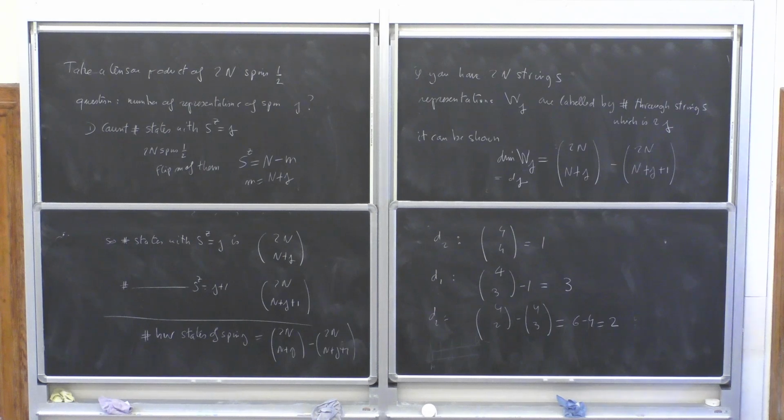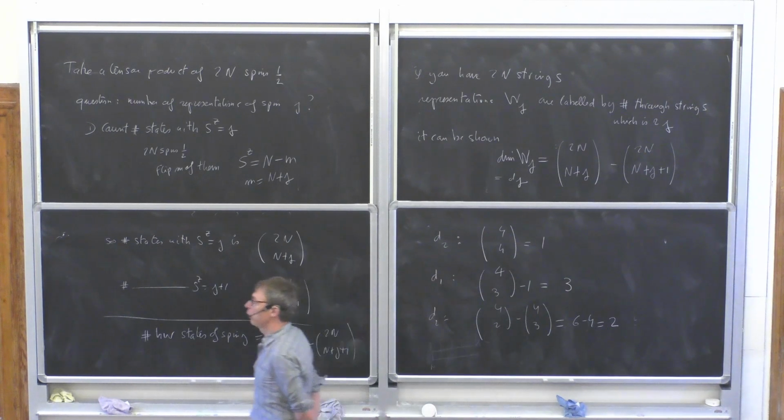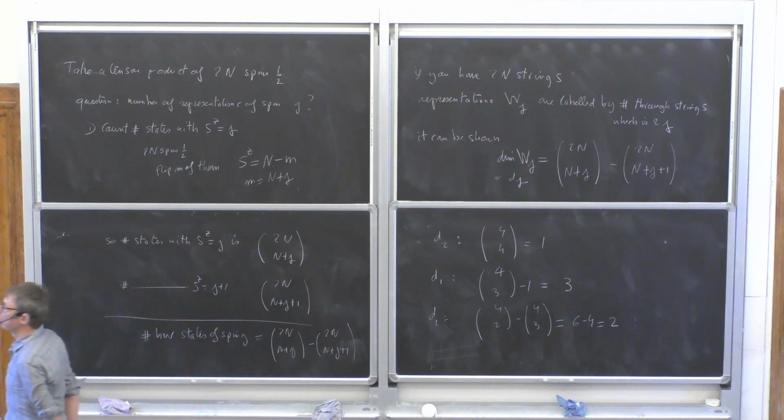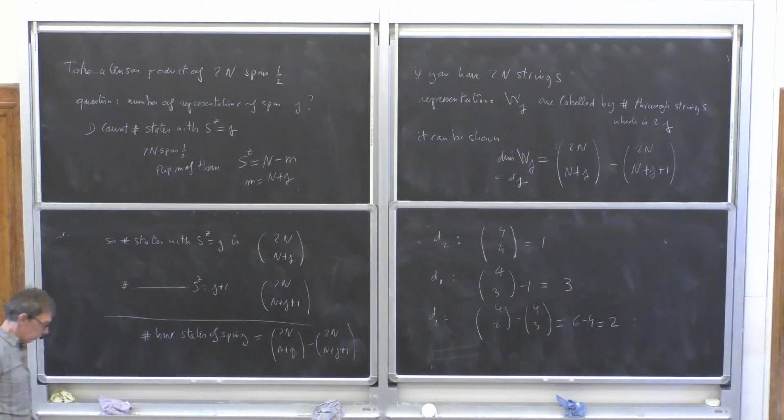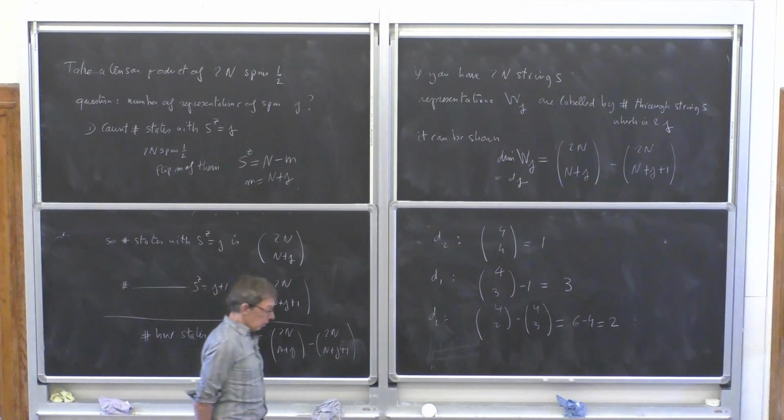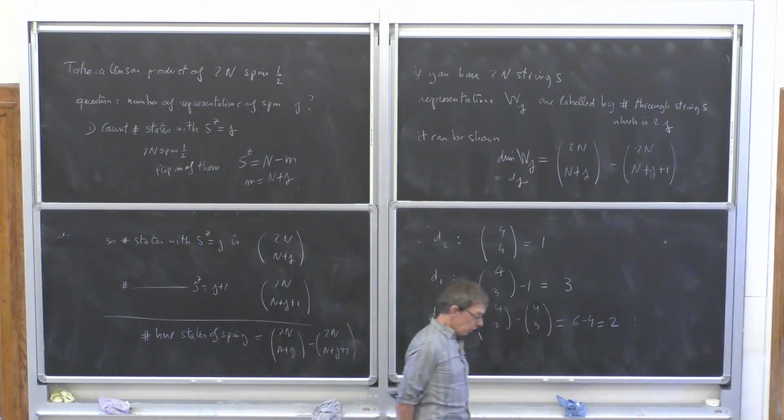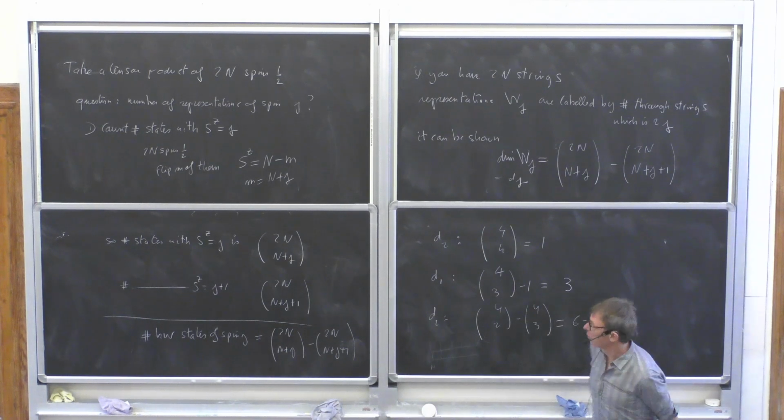We will see next time that in the particular case where Q is equal to 4 or n is equal to 2, the Temperley-Lieb algebra is nothing else but the group algebra of the symmetric group acting on the tensor product of spins a half.